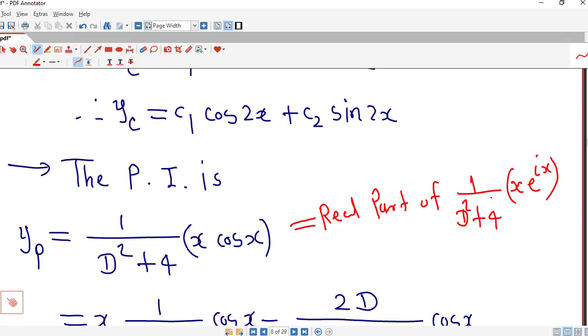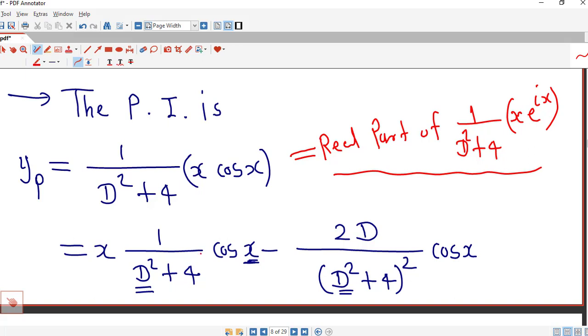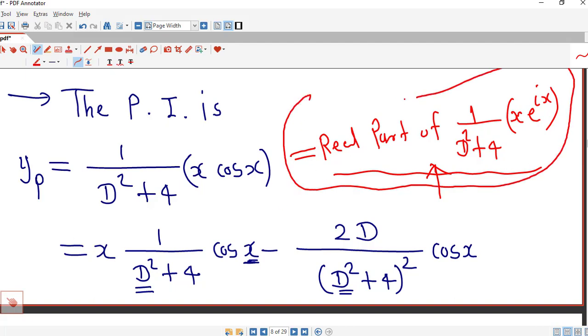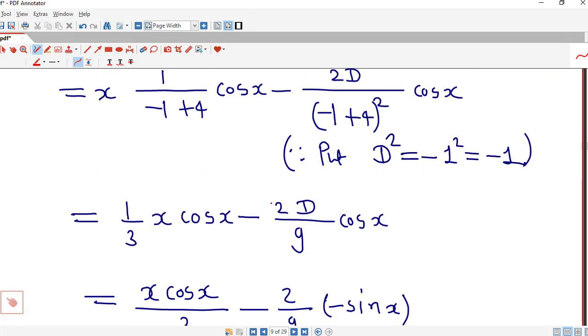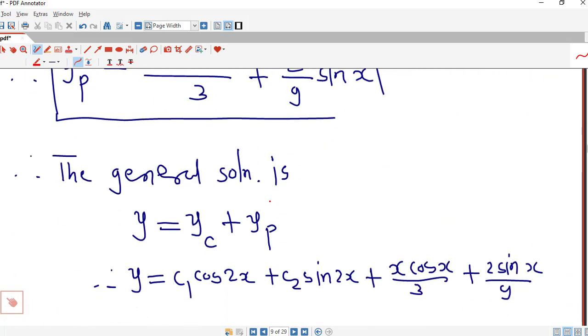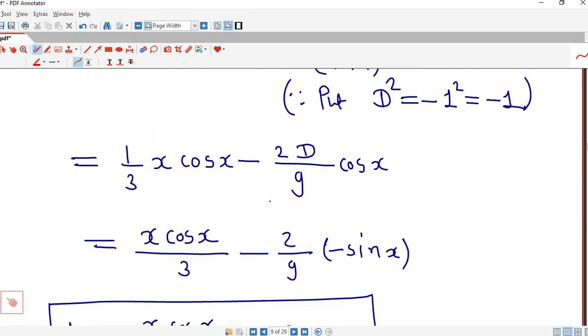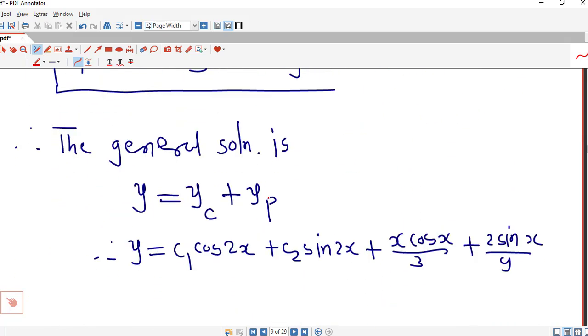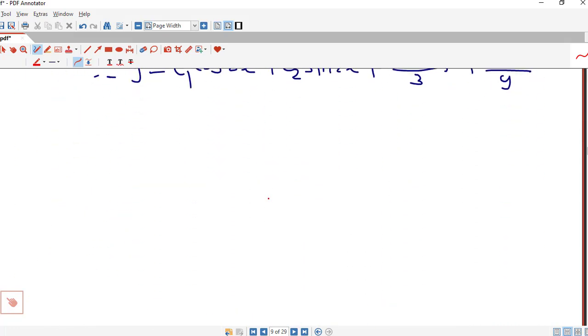So you can use that formula also, but if you compare both the methods, this one is going to be very short. Here we have the minimum number of steps as compared to the previous method. So you can do the same problem using this formula and compare with this method. You will find that this method is easy, but the limitation of this formula is it works only if we have the power of x as 1.